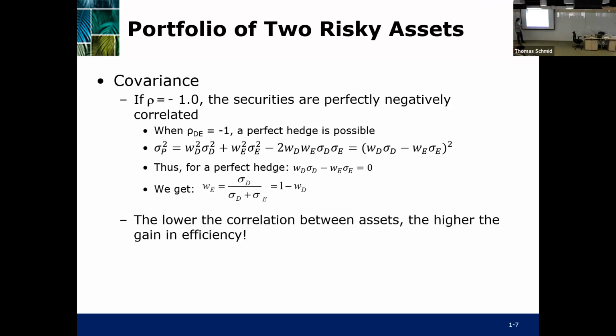So if we set -1 into our portfolio, we always start with the general portfolio variance formula. The first two parts are unaffected. The covariance part, now the covariance drops out, because we write it as standard deviation times standard deviation. Then the correlation is -1, so we have the 1 here and the minus sign here.